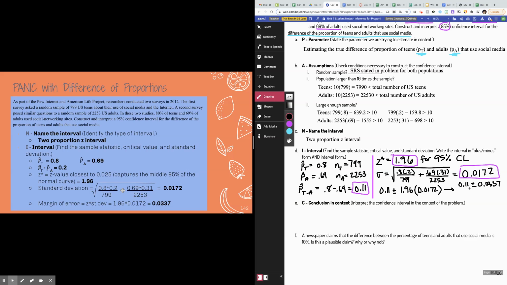Okay, so that is plus minus form, right? And then in interval form, I'm actually going to add and subtract, right? When you add, that is your upper bound. When you subtract, that is your lower bound. So my lower bound is 0.0763.